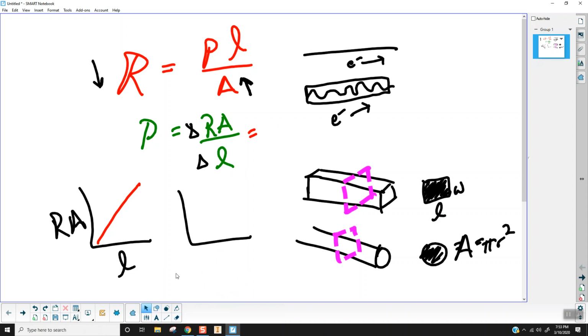And if I want to look at somehow writing this where I'm going to have my A, or my cross-sectional area, on bottom, I can actually bring that on bottom by taking it to the negative first, or the inverse of it. And then up top, we can just have R divided by L. So on our second activity, we still want my slope to come out as resistivity.